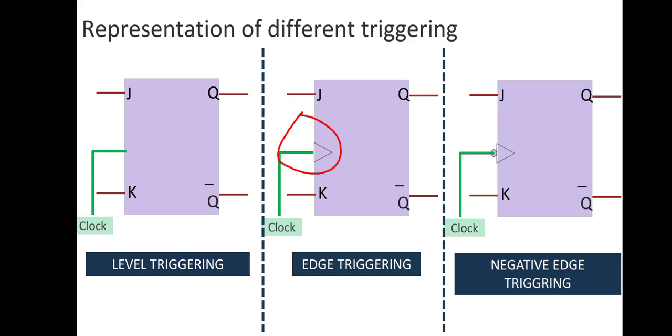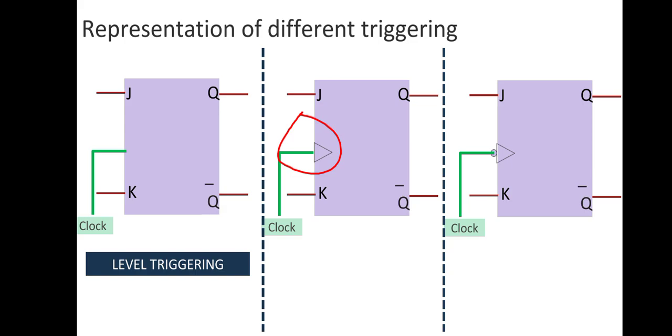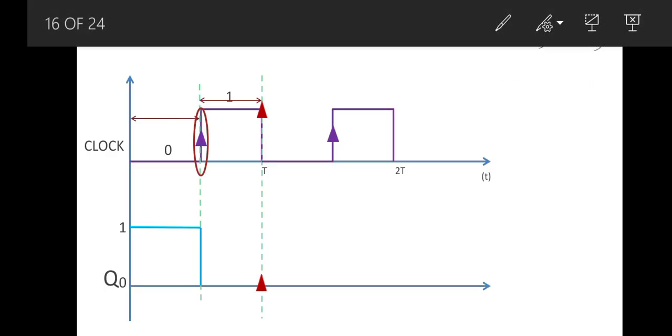What is the difference between positive edge and negative edge triggering? For understanding that, have a look again at this clock. There are two edges, as you can see: this is one edge of the clock and this is the other. An edge in which the transition takes place from 0 to 1, like this edge, is considered a positive edge.